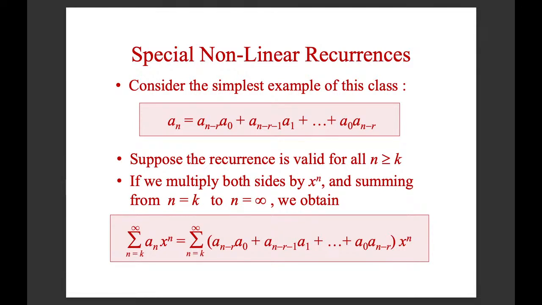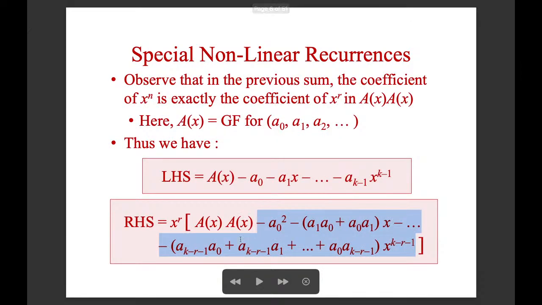We will start having the term x to the power k minus r as our first term here. So in that case, we will have a(x) squared minus this one, minus this one, minus this one, and so on. But it's easy.